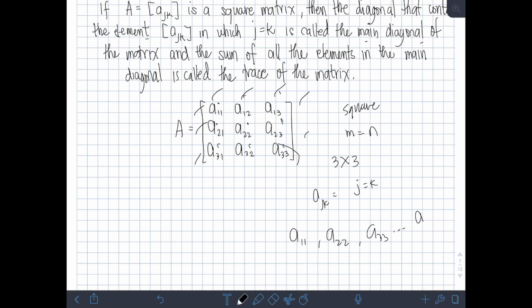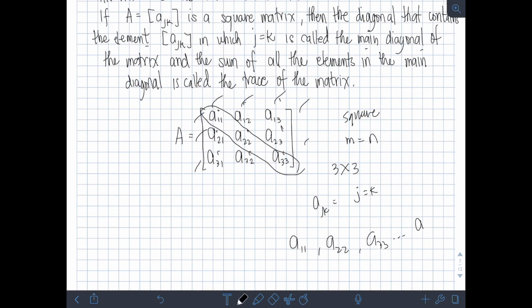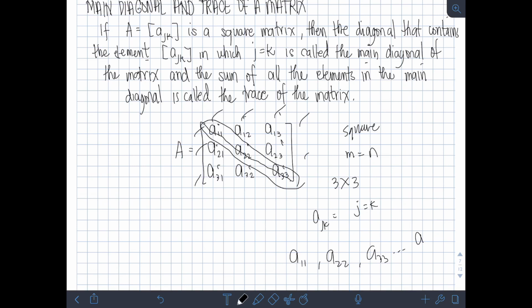So, automatic, ito yung diagonal ng matrix na to. Laging ganyan, yung naka-slant line doon sa square matrix. Okay? So, meron din tayong tinatawag na trace. So, yung trace daw ng square matrix na to is add mo lang yung bawat element ng diagonal. So, it is equal to A11 plus A22 plus A33.